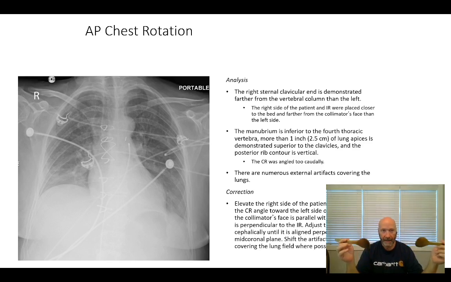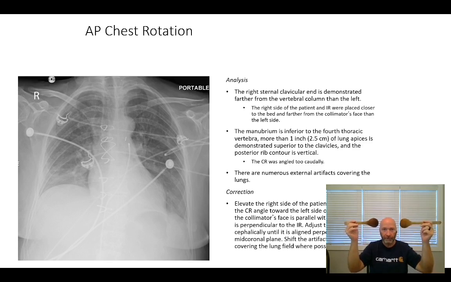So this is an AP projection, right? These are my clavicles. That's my spine. Where the clavicles should look like they are is in contact with the spine, but they're not. So in this particular case, the right posterior side is up against the image receptor, and the left side is elevated.